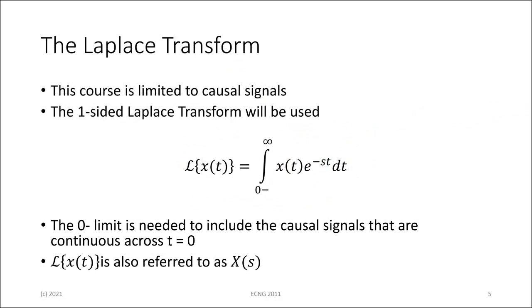So we're lucky. Of course, because we limit ourselves to causal signals, and remember we discussed that last time, causal signals are those signals that only occur when we start to look at them. In other words, only when we turn them on, and we assume that they don't exist until we actually start to observe them.